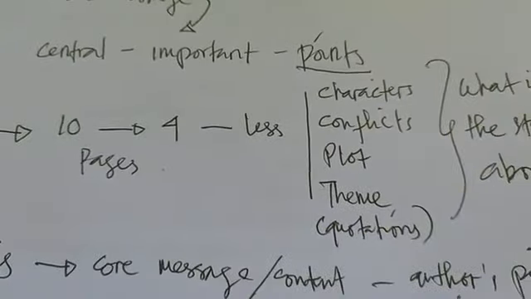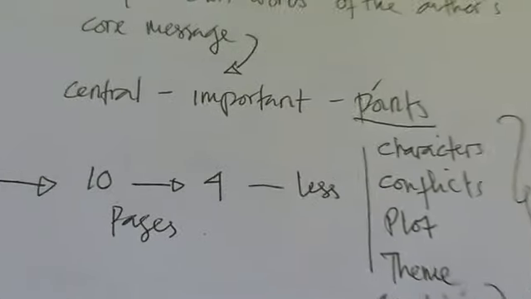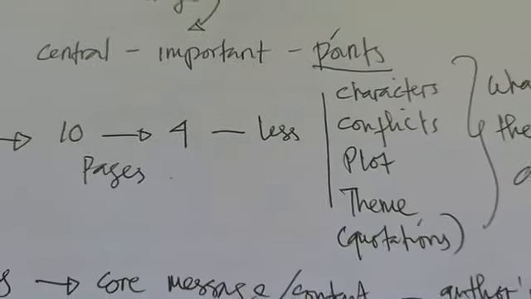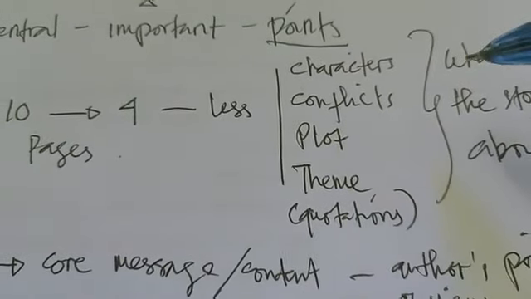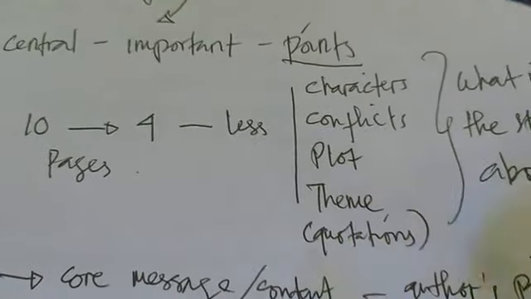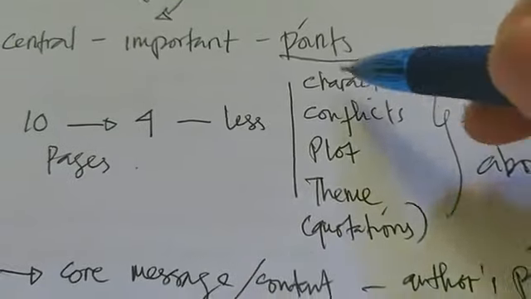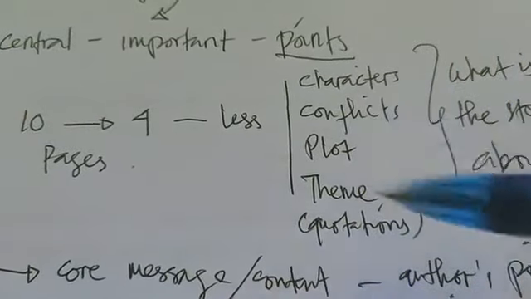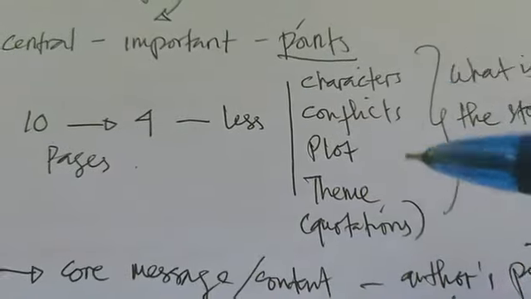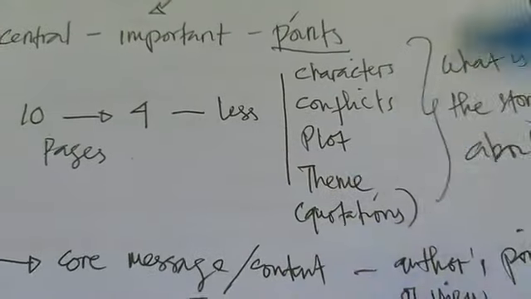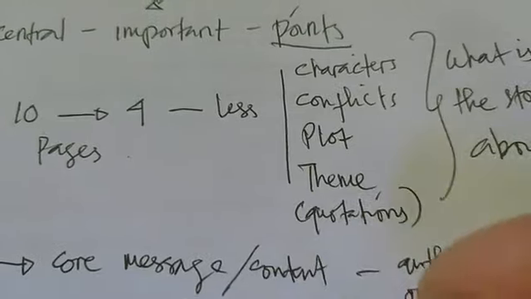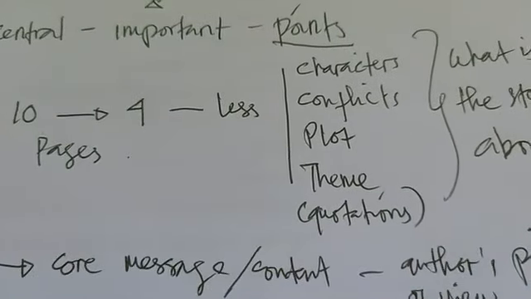Why? Because you only write the important, central points of the text, like characters, and then conflicts. To make it clear to the reader of your summary, you provide the plot of the conflict, and then the theme. What is the theme of the story?